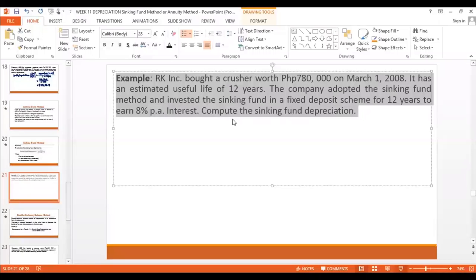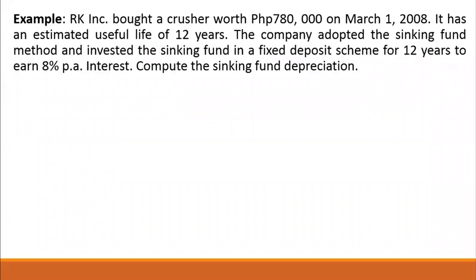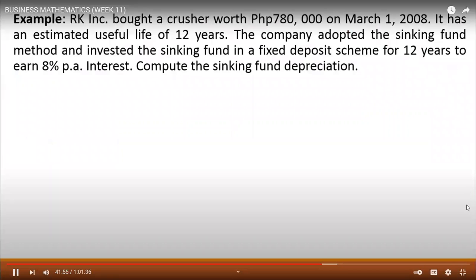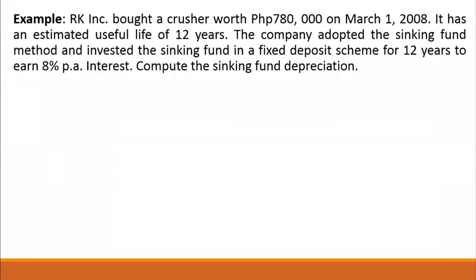Ayan. So, RK Incorporated bought a crusher, okay? Crusher worth 780,000 on March 1. And it has an estimated useful life of 12 years. So, napakahaba ng lifespan niya. Yung crusher na binili mo, 12 years.